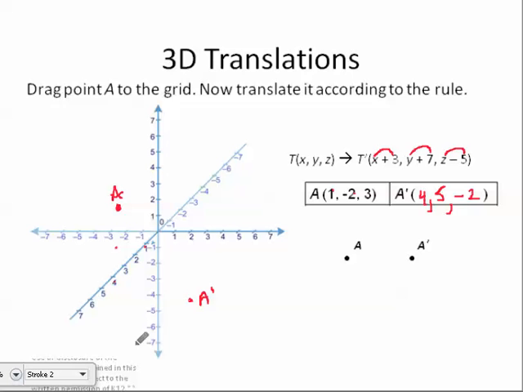That's the way you locate these. So 4, I came across this way to there. 5, I came across this way. 2 down. To find A, initially I went over 1 to -2 and then up 3.